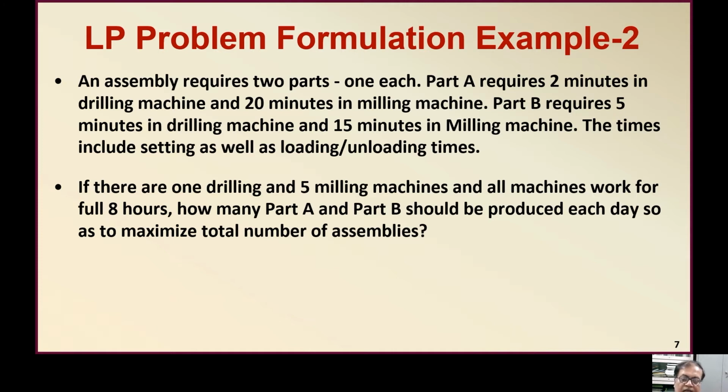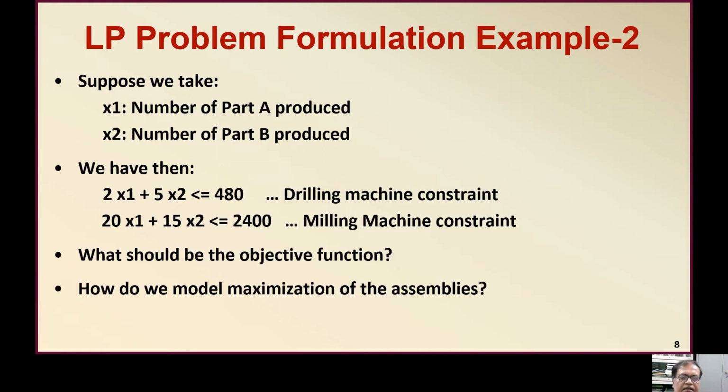There could be various other situations like tea breaks. All of these situations can arise, but we are assuming that their effects are not there. That means the full 8 hours are available. So obviously we cannot make as many part A and part B as we like. There would be certain limitations.